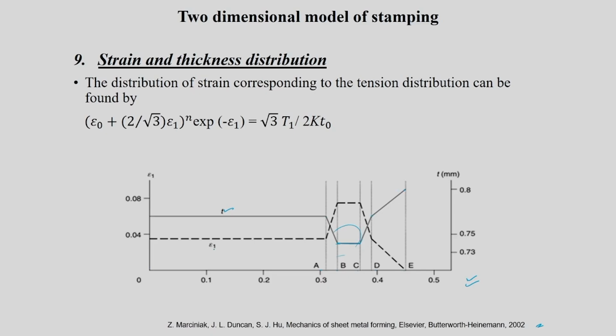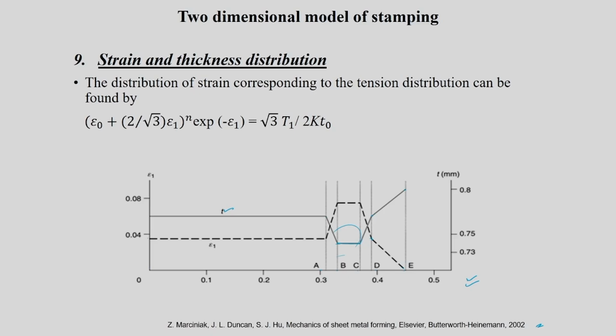Suppose you want to take strain, strain is generally opposite in nature. You can see there will be some strain value between O and A, and wherever thickness is coming down, you see that strain is going to be significantly larger, and here it is going to be constant, and strain is going to come down. Why? Because between D and E there will be decay in strain, and this fellow will come and join here to get the DE profile.